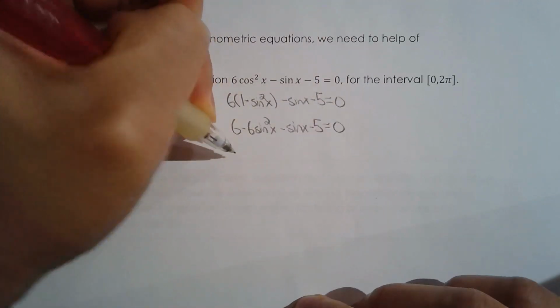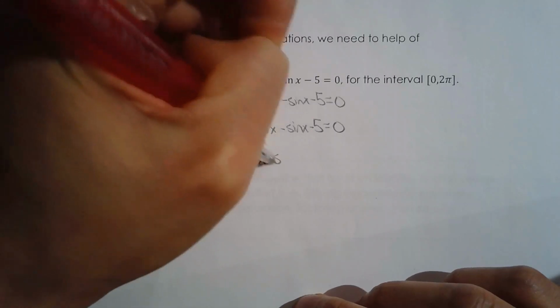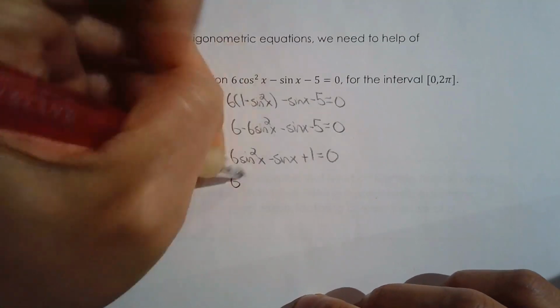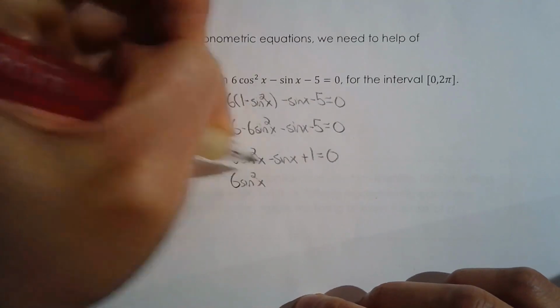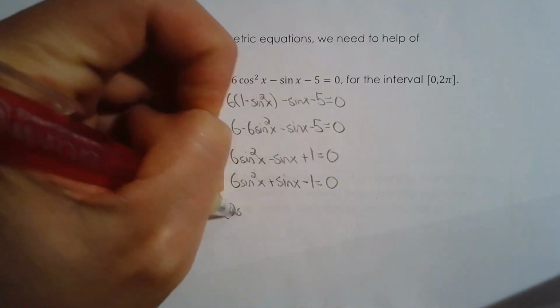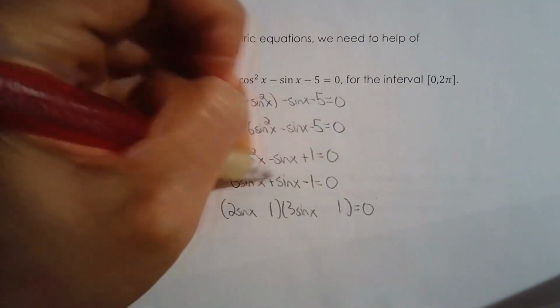So here we got: simplify, 6 minus 5 is 1, and then I'm going to factor, so I would prefer to multiply everything by -1. And then I'm going to factor. If it wasn't factorable, I'd have to use the quadratic formula, but it does look factorable. So I want to make a 1 here, so plus 3 minus 2.